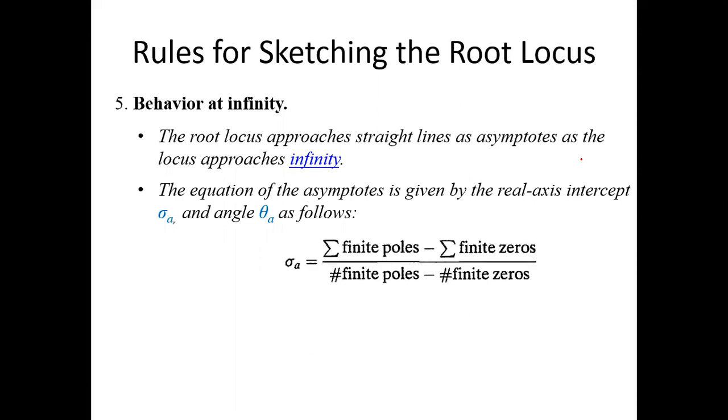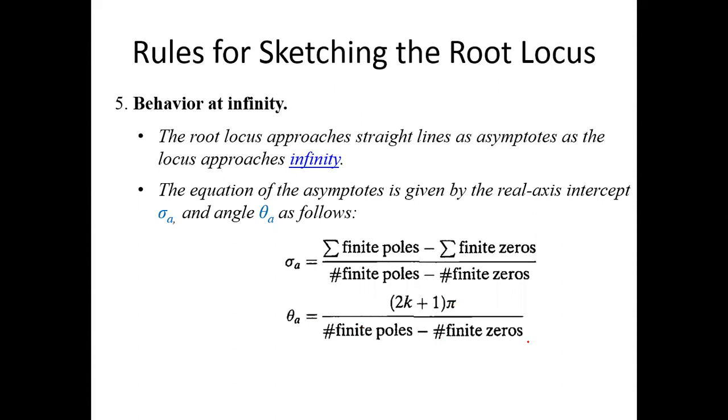The formula to find the magnitude is the difference between the sum of finite poles and finite zeros, divided by the number of finite poles minus the number of finite zeros. Similarly, the angle is equal to an odd multiple of 180 divided by the number of finite poles minus the number of finite zeros. So we have discussed the 5 rules for sketching the root locus.